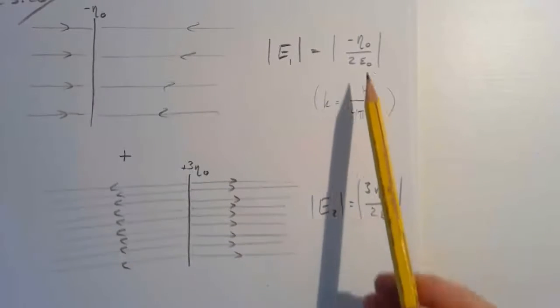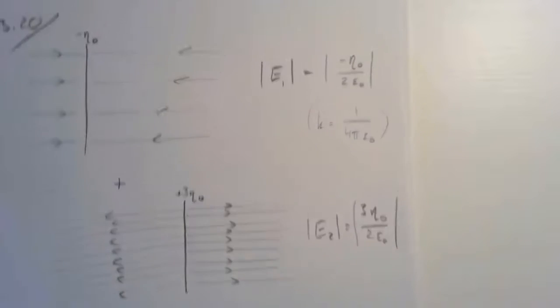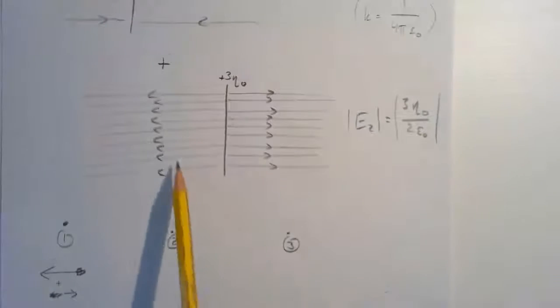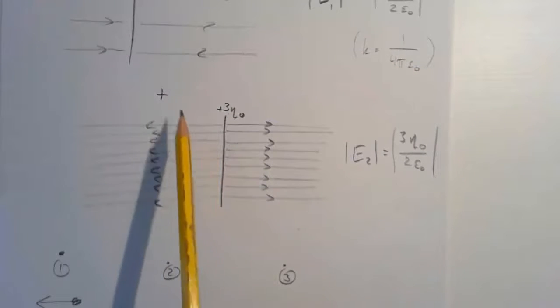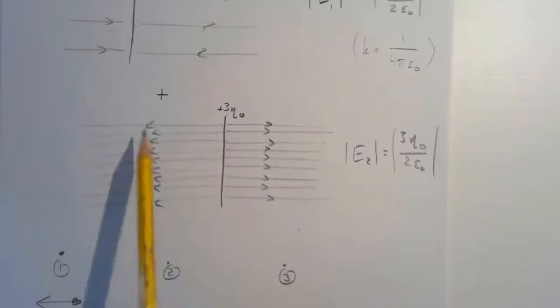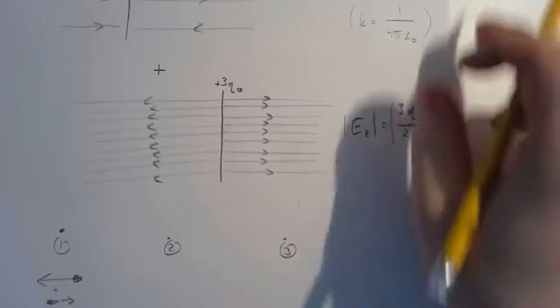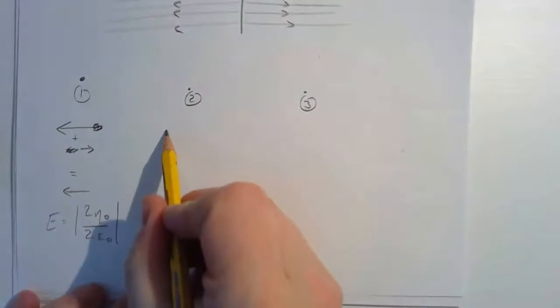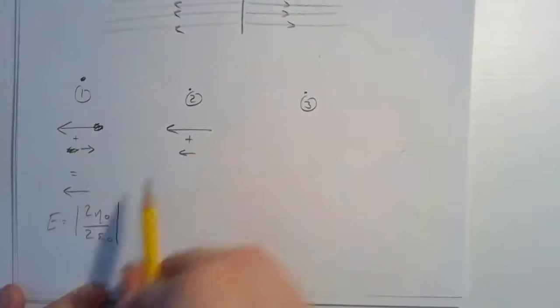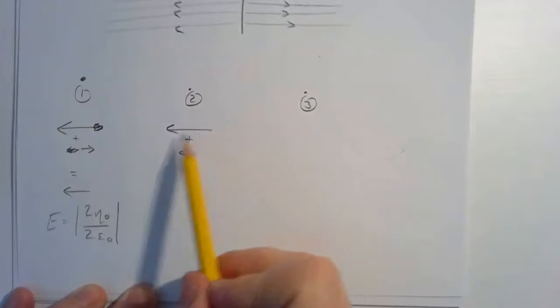This here minus this here. In the middle, now we're looking at the point that's in the middle between the two sheets, both electric fields point to the left, so they just add. So in this case I get this one plus this one, to get a stronger field.